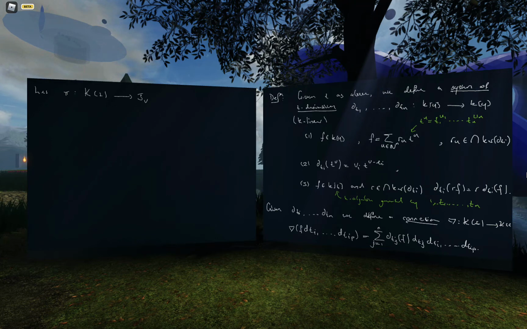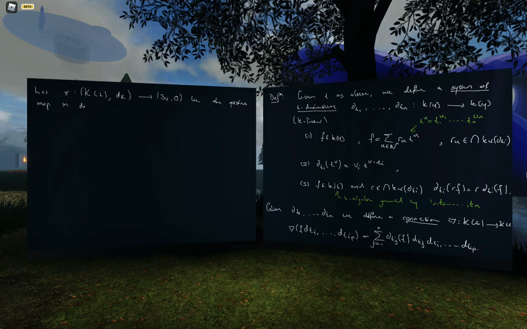Maybe I should write this properly as a map of complexes. So we'll let that be the quotient map in degree 0. And then, of course, it is just the 0 map everywhere else.